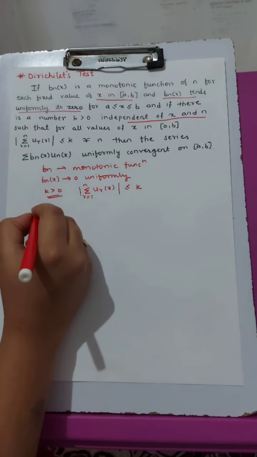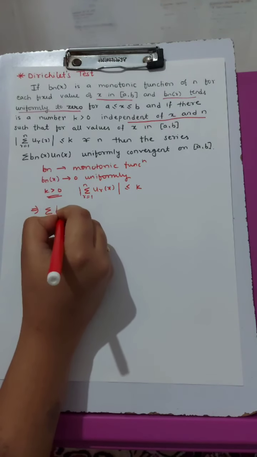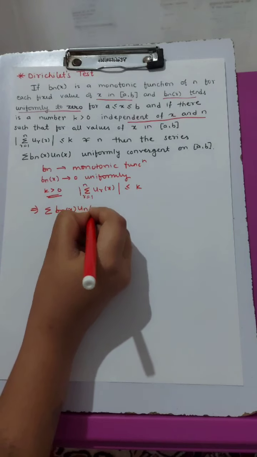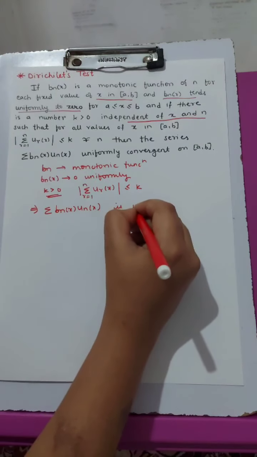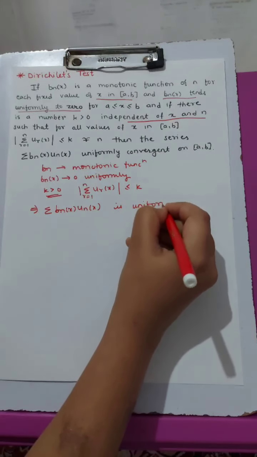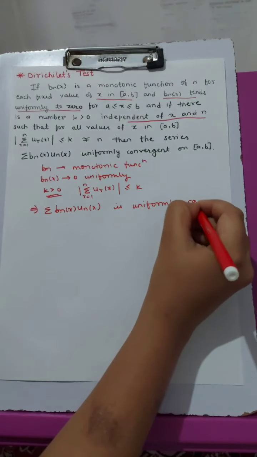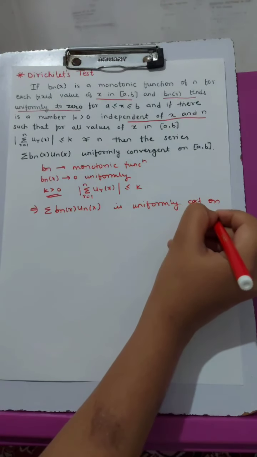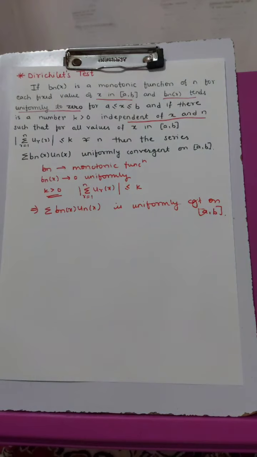Then we can say that summation bn of x un of x is uniformly convergent on the interval ab. So this is Dirichlet test.